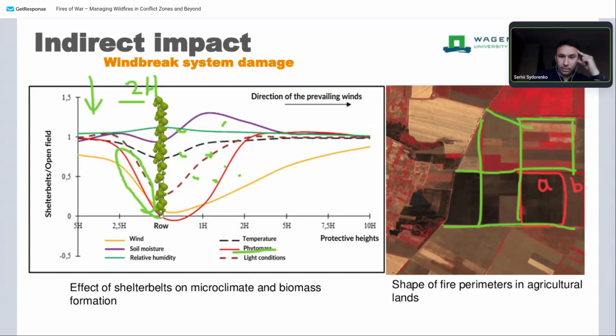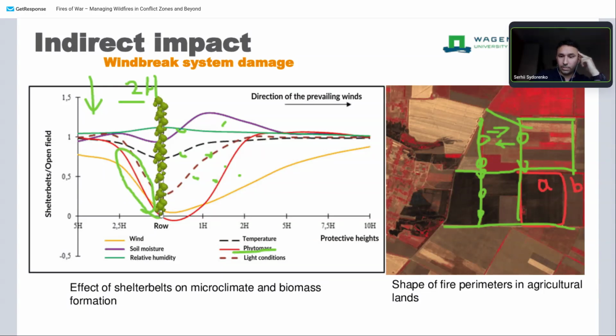And they often build fortifications inside or under these tree crowns, and very often combats take place from one shelter belt to another shelter belt, like both sides fight for this or for another, and it leads to a very serious impact on that system.